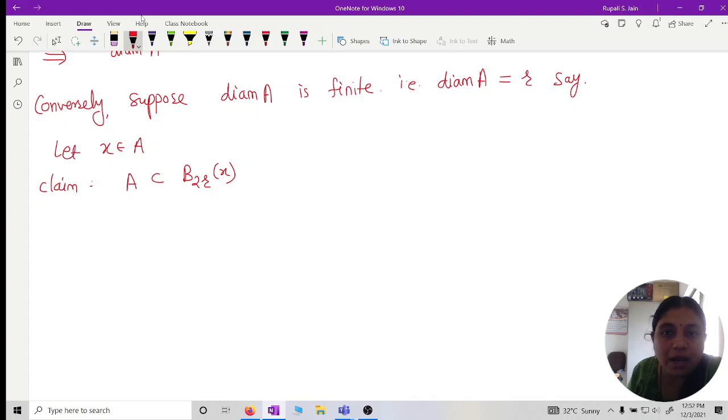Diameter of A is R, so radius is R by 2. If I take any ball with center x and radius 2 times R, then every element of A is contained in this ball.